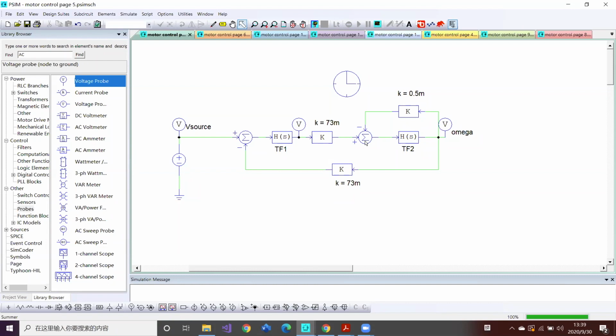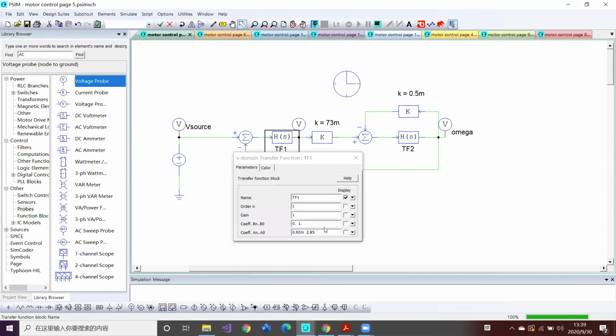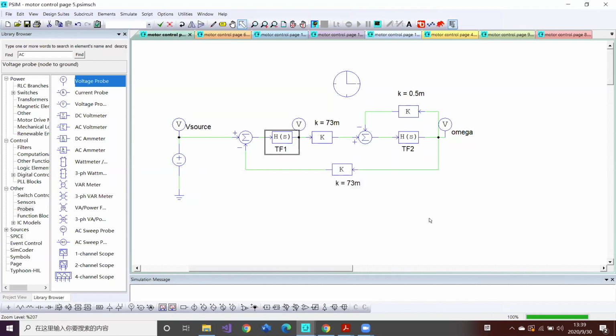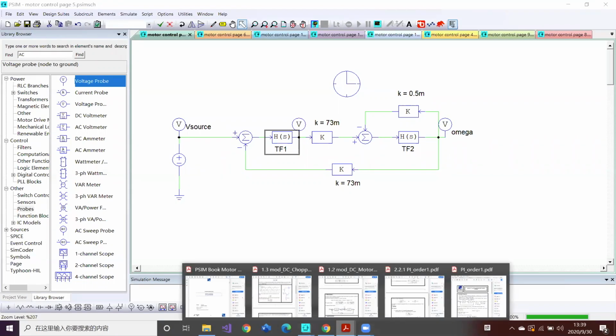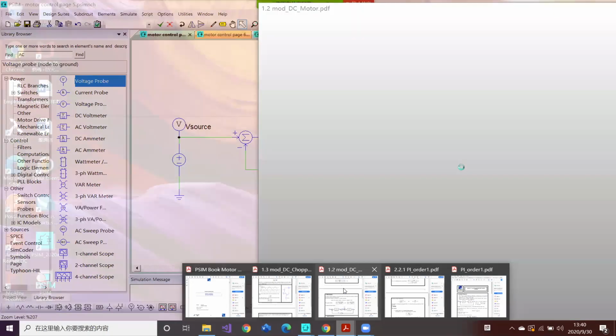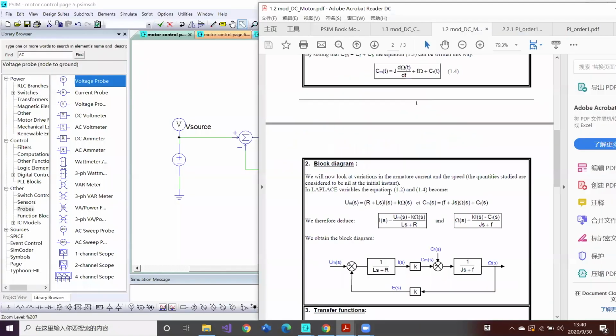In this step, what we are going to find is the values in our transfer function. To find the values inside the block, we need to use the note on our canvas. The note is, let me see, the DC motor model, so it's this one.